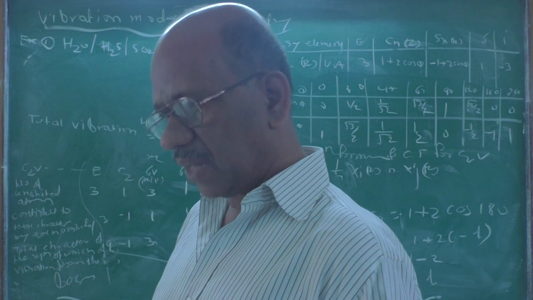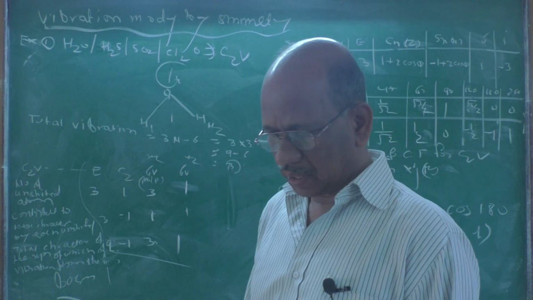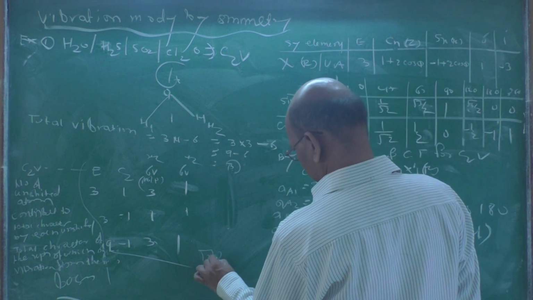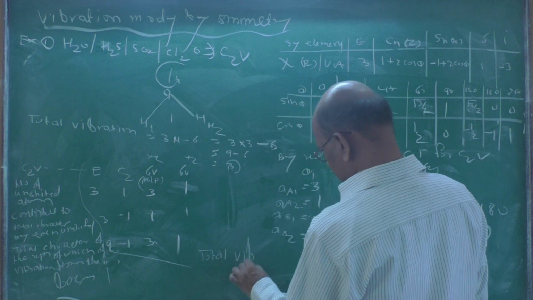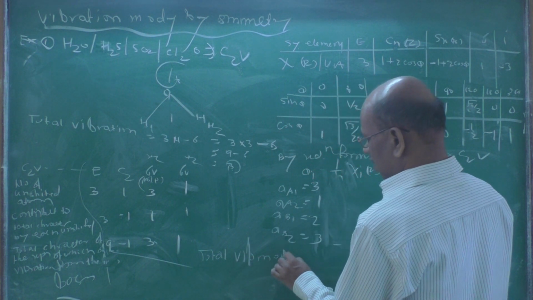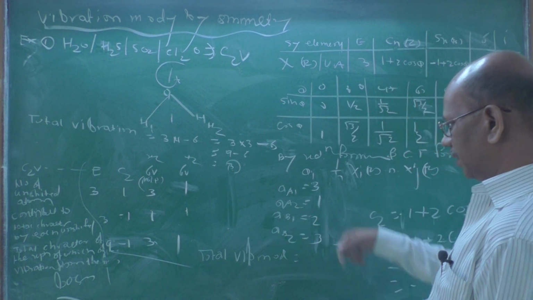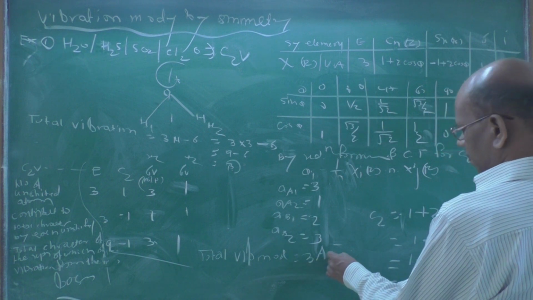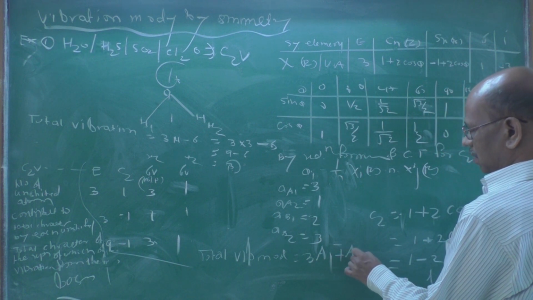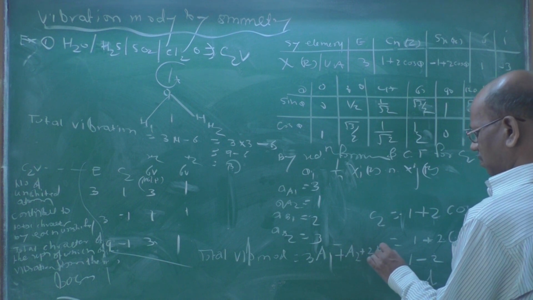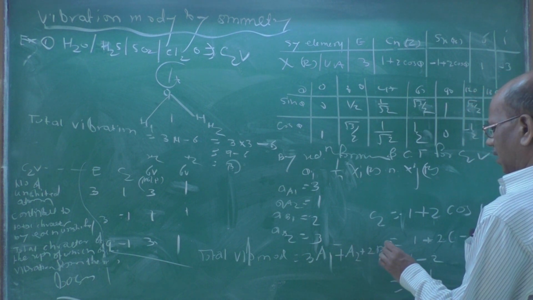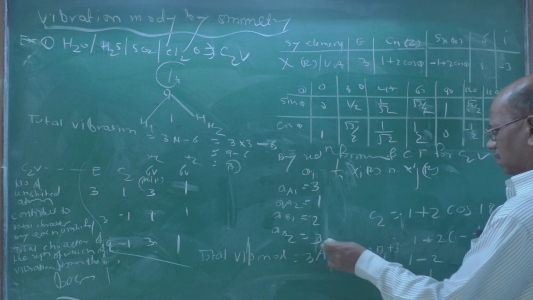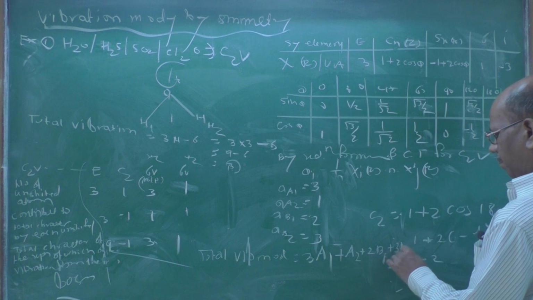Okay, therefore the total vibration modes is equal to, you add it, 3 times A1, then 1 times A2, 2 times B1, and again 3 times B2.